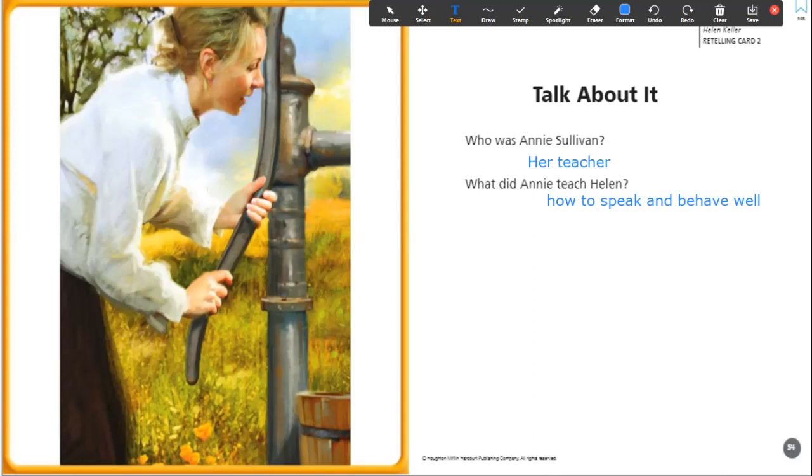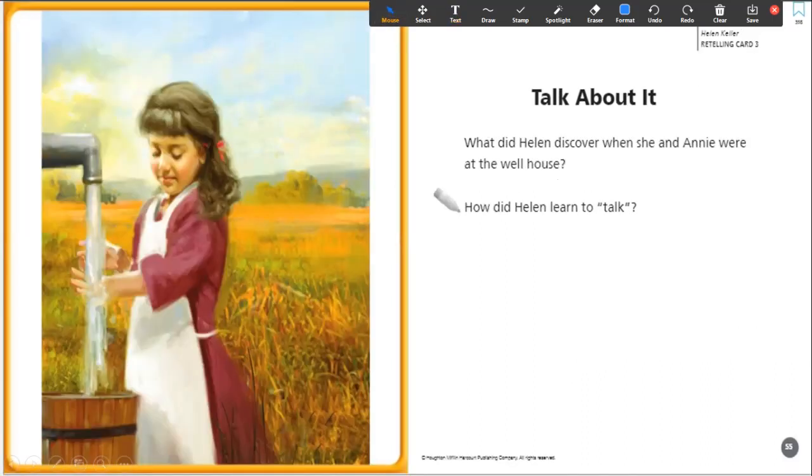Can we go to the next page? In this picture, what did Helen discover when she and Annie were at Well House? She started to speak and read.